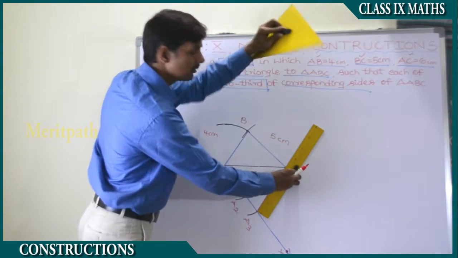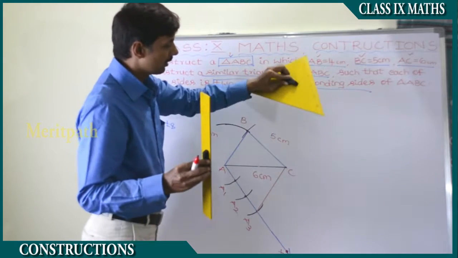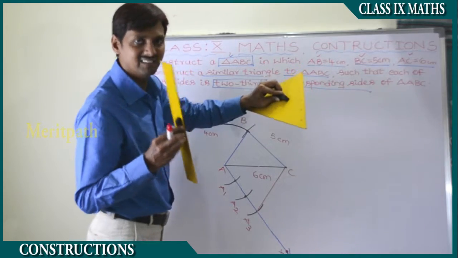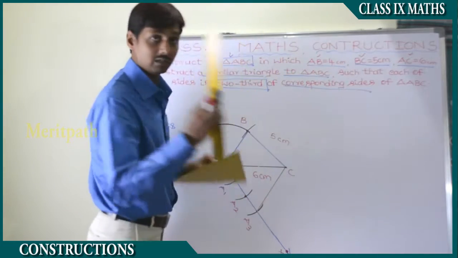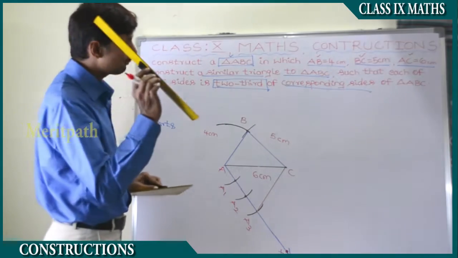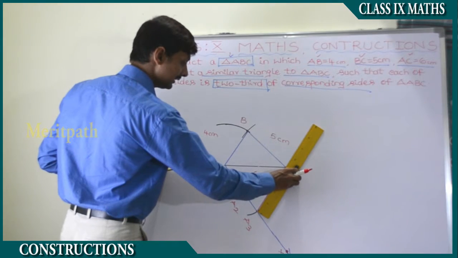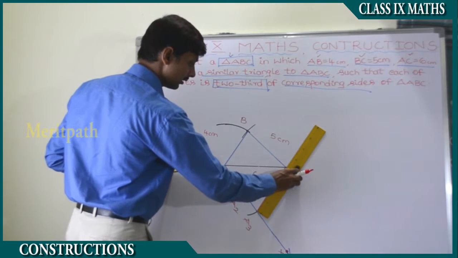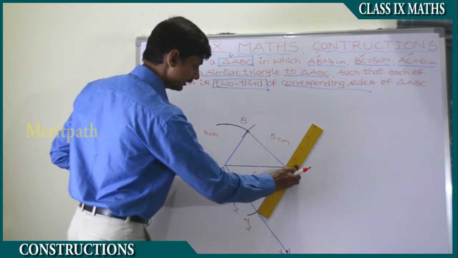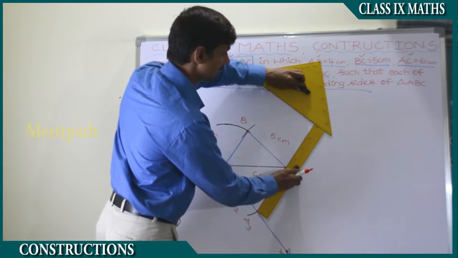Wherever it's comfortable for us, we can take it in the same place. And again, we recall, take the ruler and place it on A3C. We have placed the side A3C, and then just take the base as the set square.